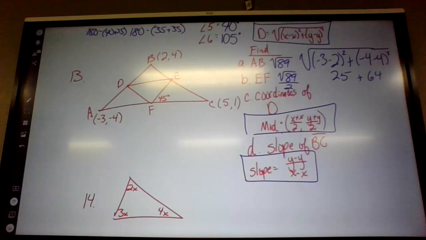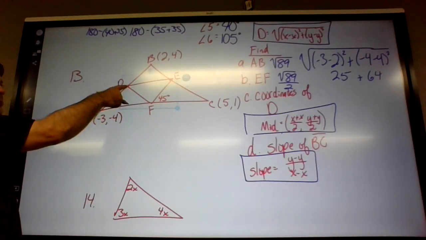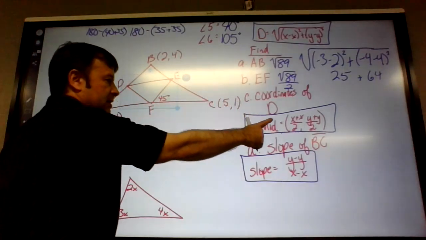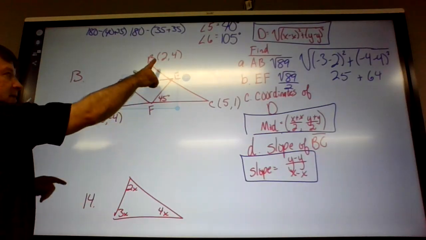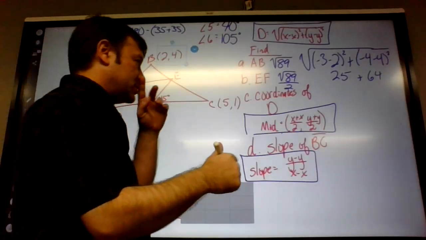Okay, and then for C, it says find the coordinates of D. Okay, these are mid-segments, D is supposed to be the midpoint. So how do I find the coordinates for D? Midpoint formula, yes. So x plus x over 2 and y plus y over 2.